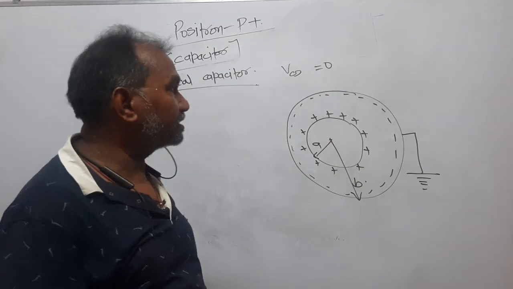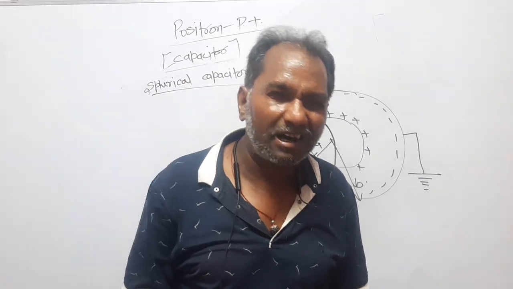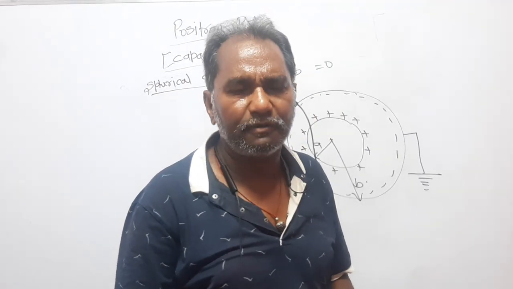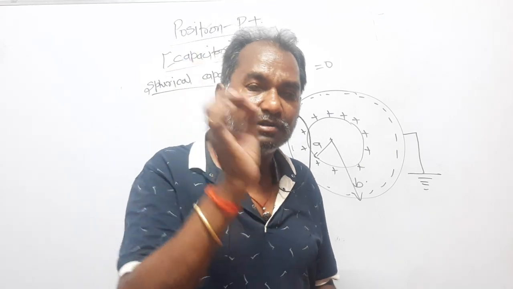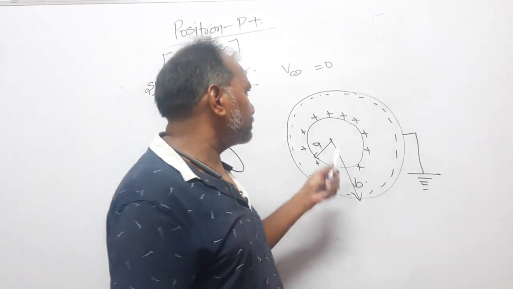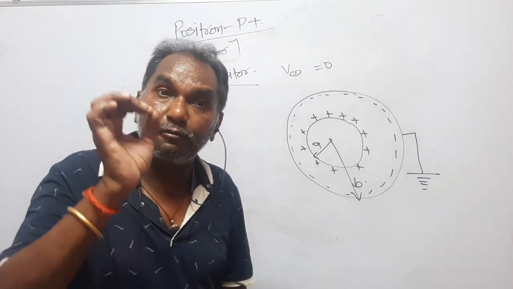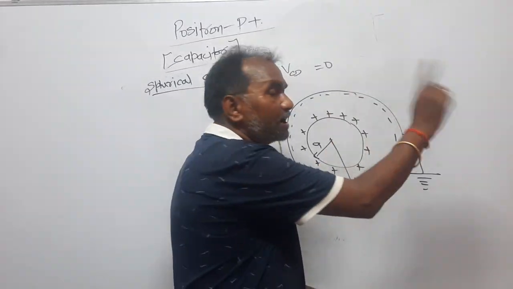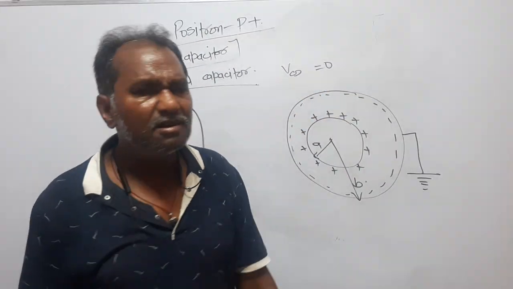You cannot independently define the potential of a point, but always you define the potential difference between 2 points. If you say potential at this point, it means you are considering the potential difference between this and infinity, because at infinity potential is zero.